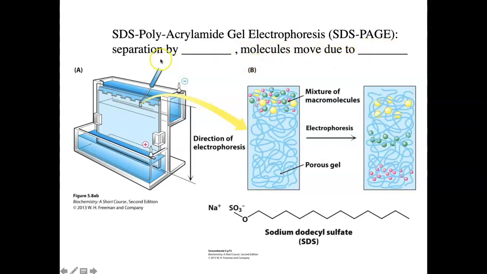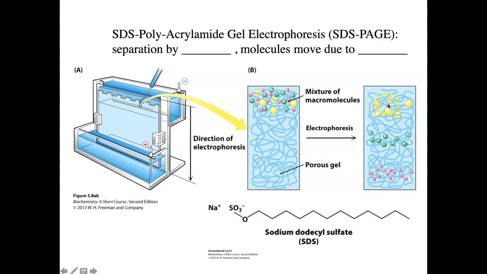And when we do separation by size, our mixture of proteins has to travel through a cross-linked matrix, the polymer of the gel, which makes it difficult for large proteins to travel, while little proteins can travel pretty quickly, right? So notice this picture is a little misleading.